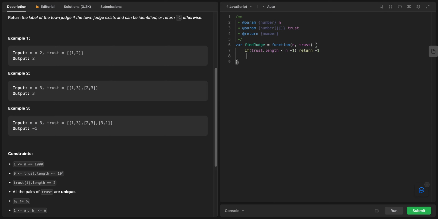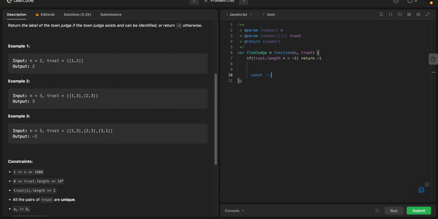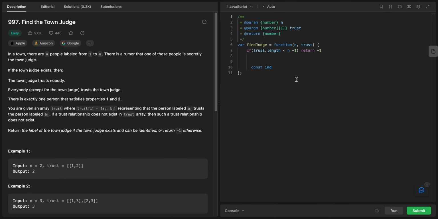And I will continue with const in degree equals new array from n plus 1, and I'll fill it with 0.